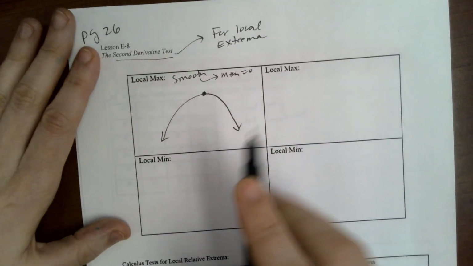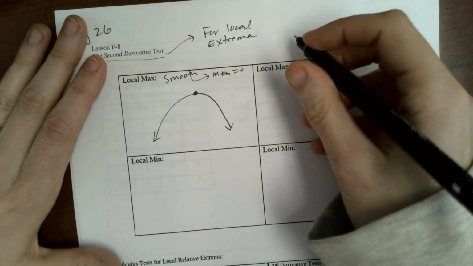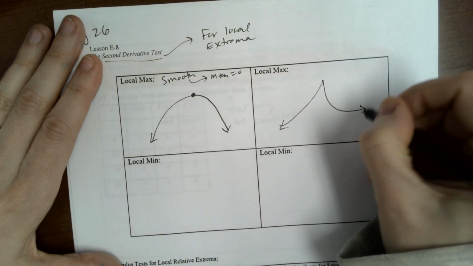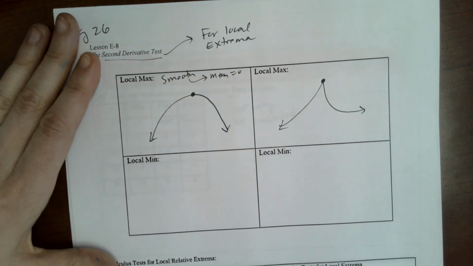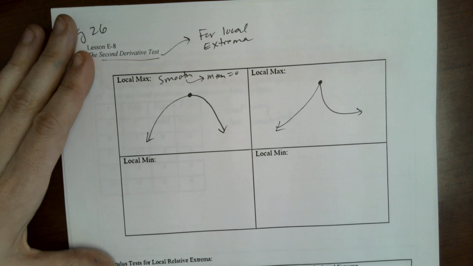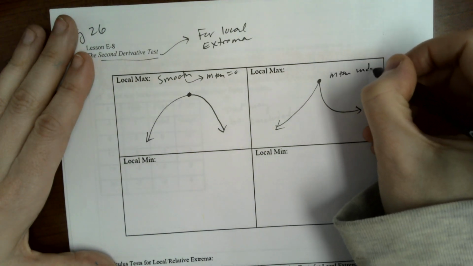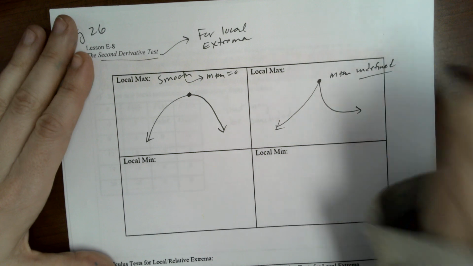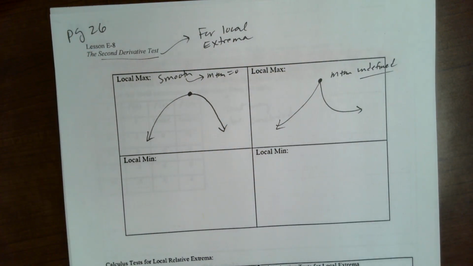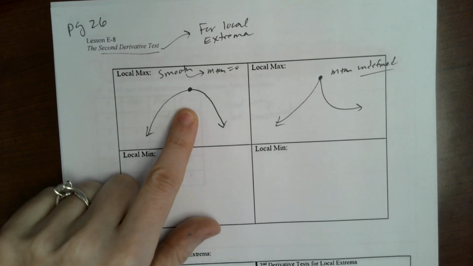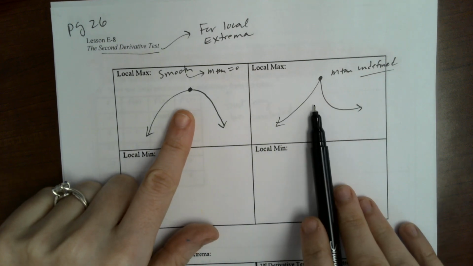But then you may have a local max that is not smooth, let's say it looks like this. In a case like this, m tan is undefined. You can't draw a tangent line. So in the first case the second derivative test would work, and in this case it would not.